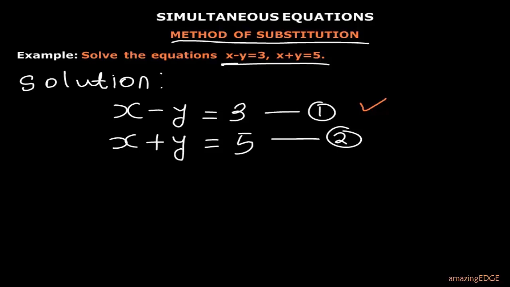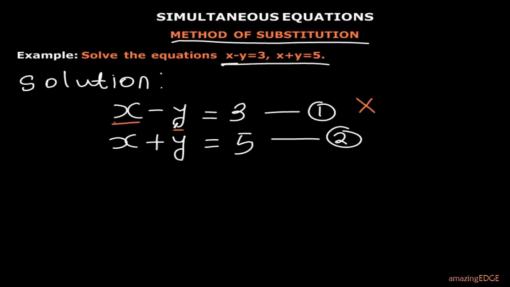Now, supposing we decide to start from equation 1, so we are now at equation 1. Then what happens is this. The method of substitution says that you should make x or y the subject of the formula.